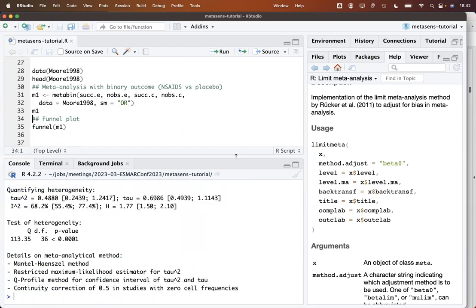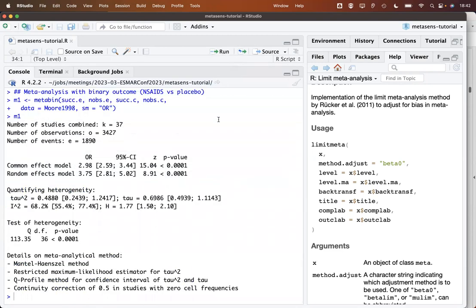If we look here at the results briefly, we can see first that there is a large effect here of NSAIDs compared to placebo to reduce pain. However, we see that the results for the common and the random effects model are quite different. So we have the more extreme result for the random effects model.